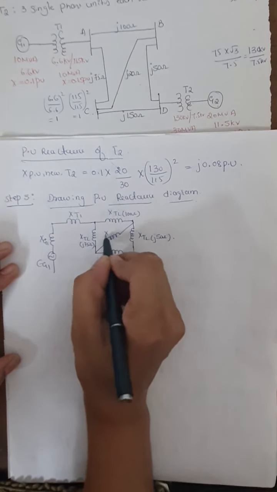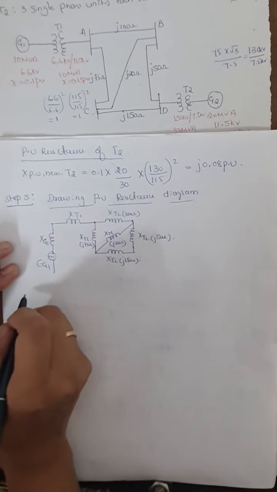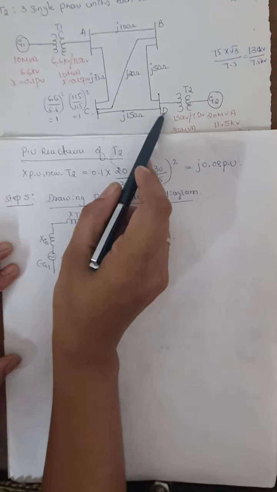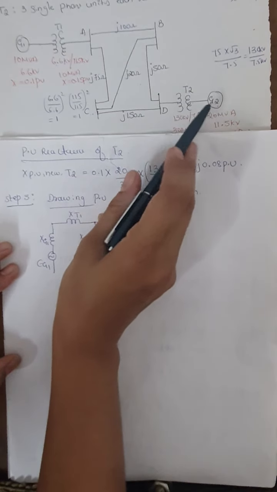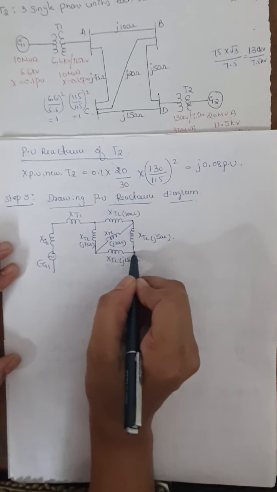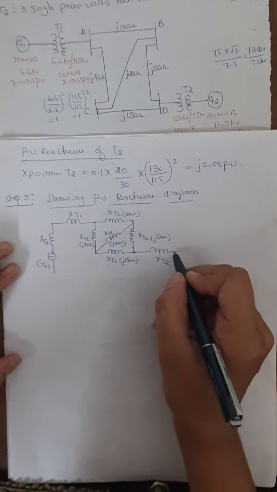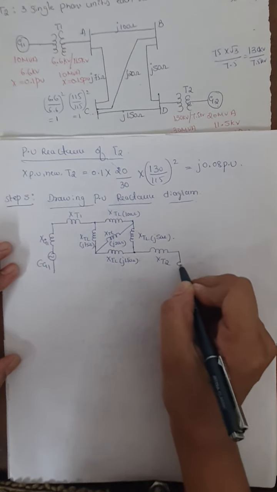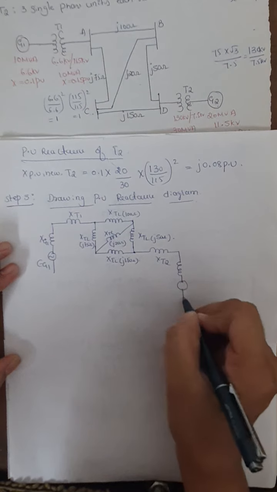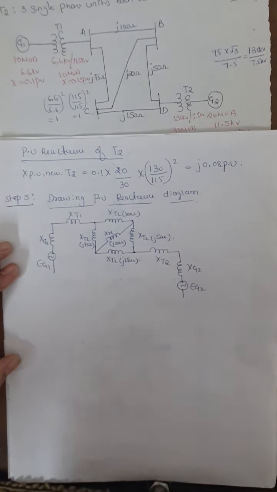So this is the transmission line reactance for J20 ohm, and after that to the bus bar D we have transformer T2 and G2 connected. This is the bus bar D point. So here we will represent the transformer T2, this is the reactance for transformer T2, and then we will represent the generator G2. So this is the reactance for generator G2 and this will be the source voltage Eg2.